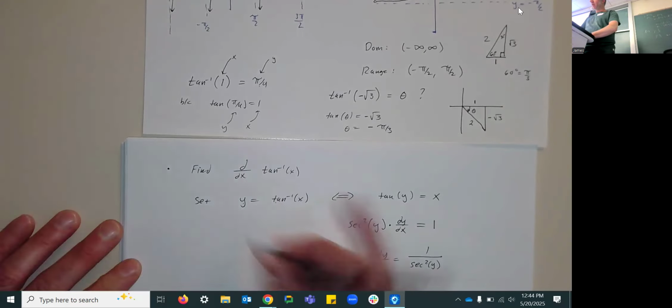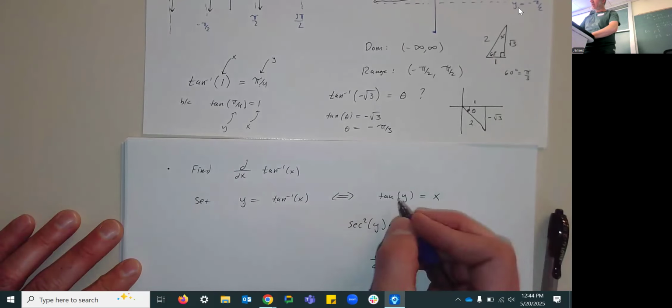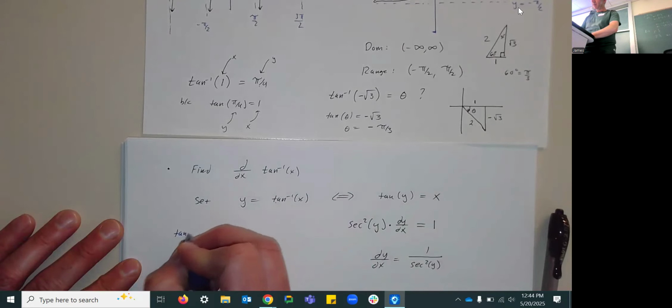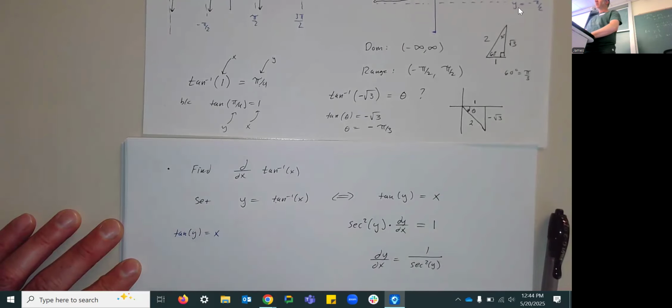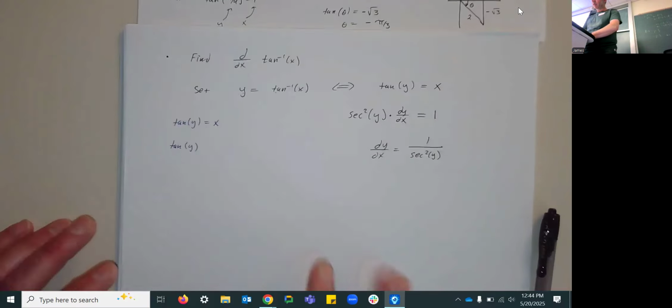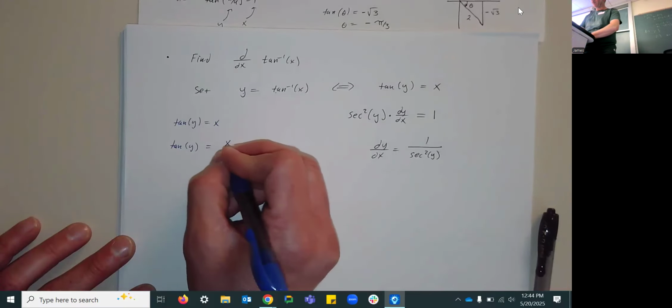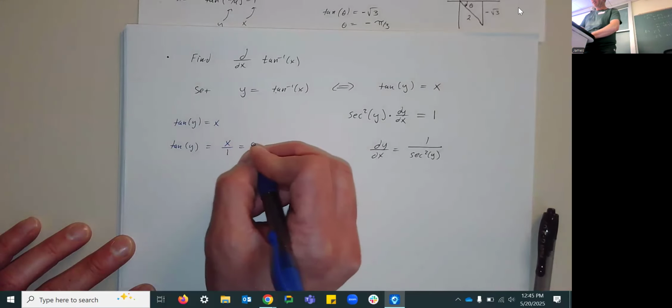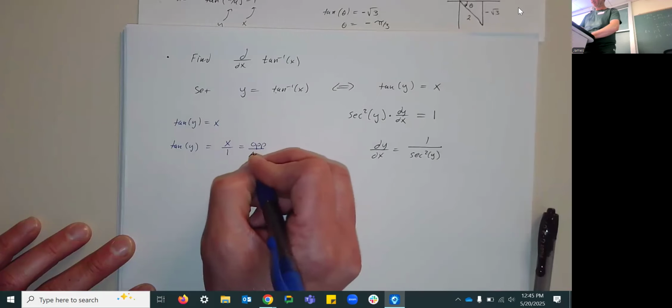So looking back here for a moment, if I'm saying that tangent of y is equal to x, I can only think of that as tangent of y is equal to x over 1, the opposite over the adjacent.